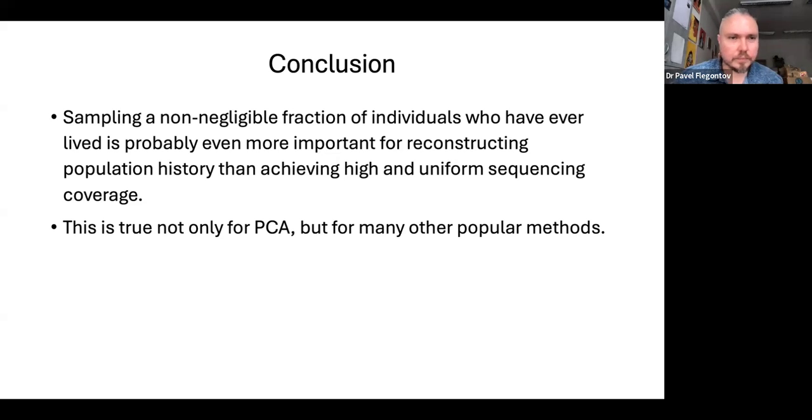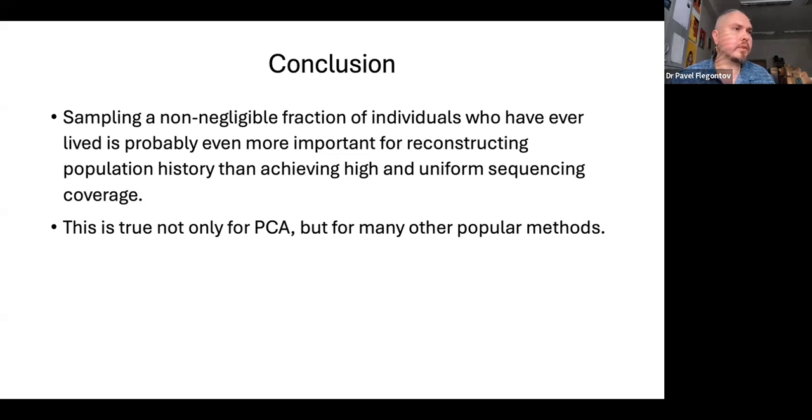So I would work with methods that treat individuals separately, such as PCA or IBD sharing graphs or autoencoders, or any other method that doesn't group individuals. And I would work with methods that are aware of the dimensionality of the space.